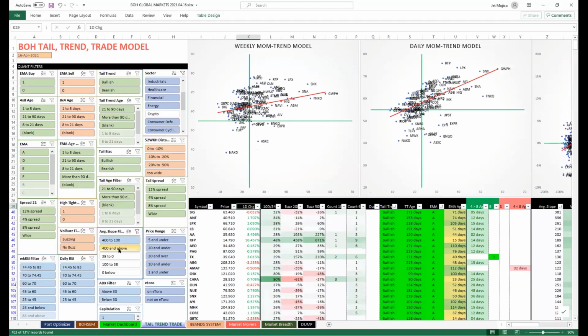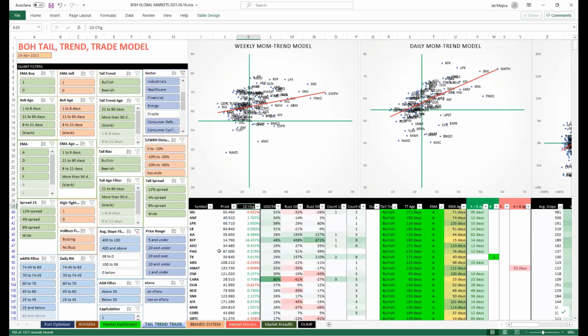So itong dalawang grupong ito, sila yung relative strength leaders natin. When they are not working, pag yung mga high tight flag natin, pag mga TODA bases, pagka may mga mini cups na consolidation tayo, when we trade them and they fail, or worse, hindi sila gumagalaw dahil nasa iba pala yung galawan, all you need to do is reduce the average slope values that you filter for.